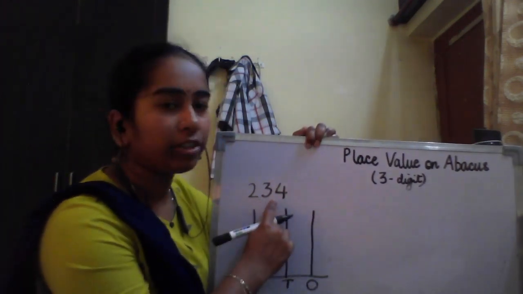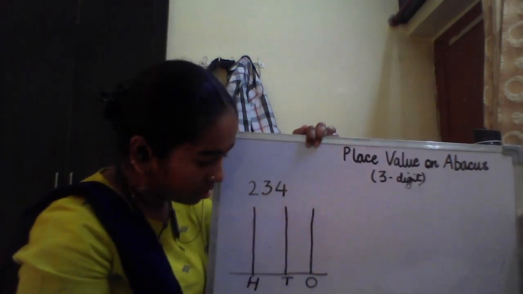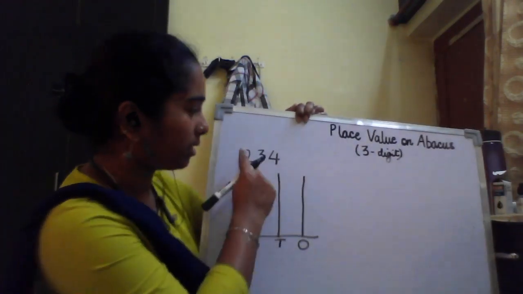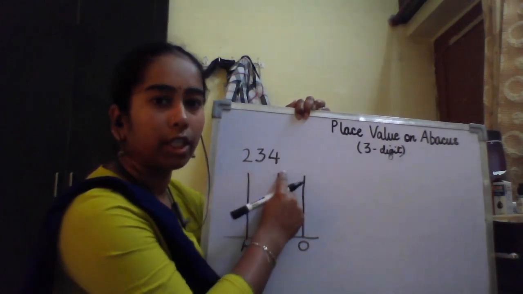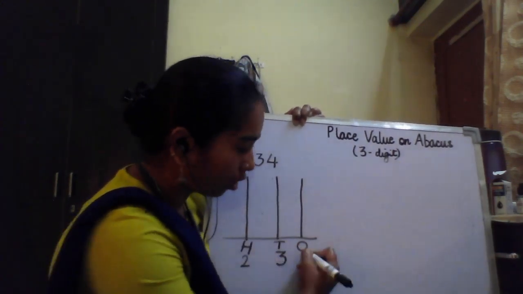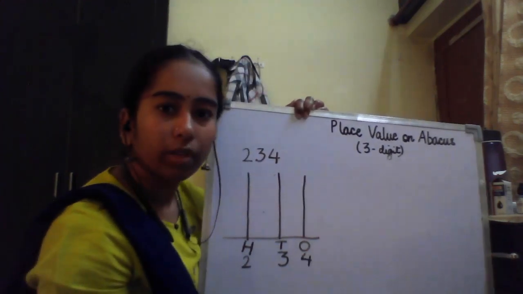Now write the 3-digit number under these values. What is this number? 234. Let's write 234. Written.